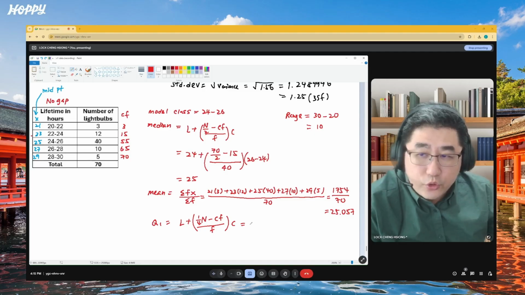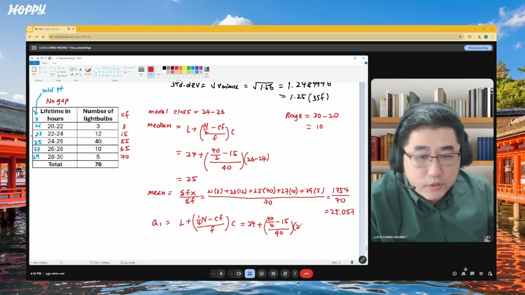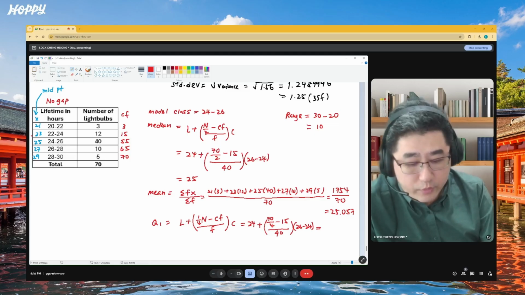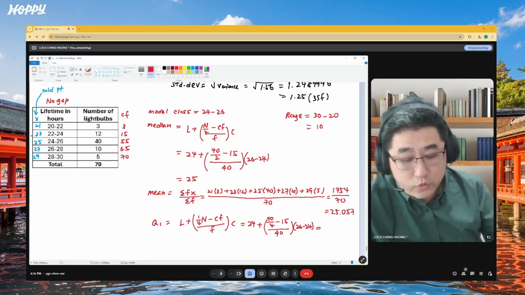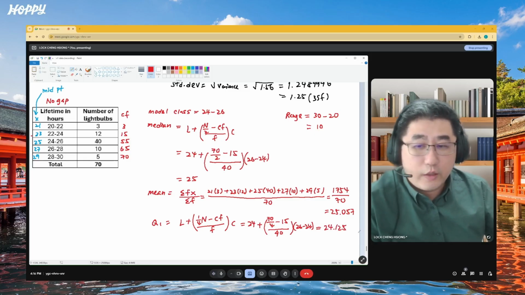So the lower boundary of the Q1 class is 24, plus 70 over 4 minus 15, the cumulative frequency before the class, divided by 40, times the class size, 26 minus 24. So 70 divided by 4 minus 15, divided by 40, times 2 plus 24, I have 24.125 as my Q1.